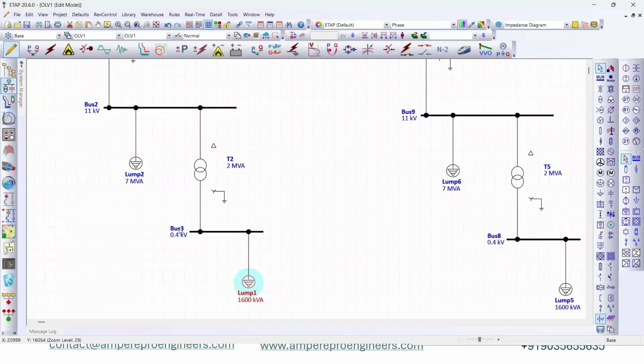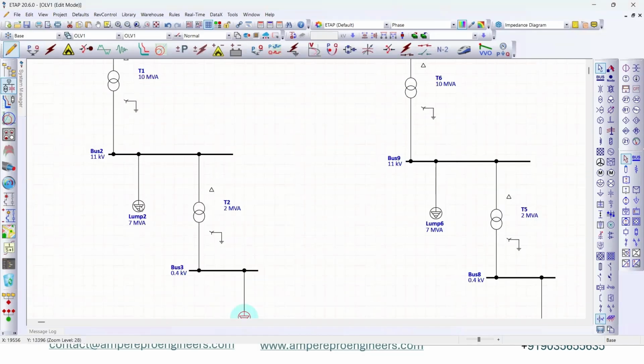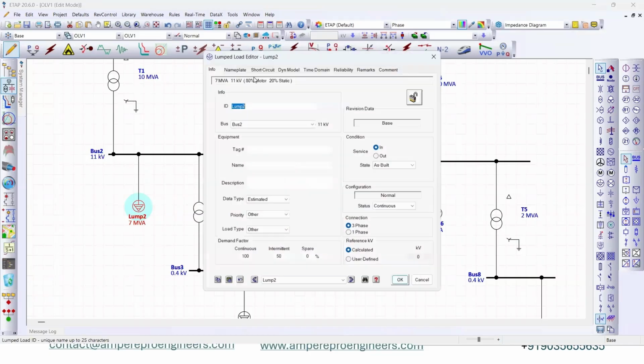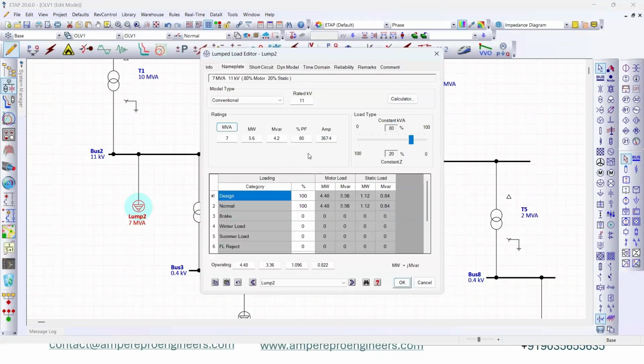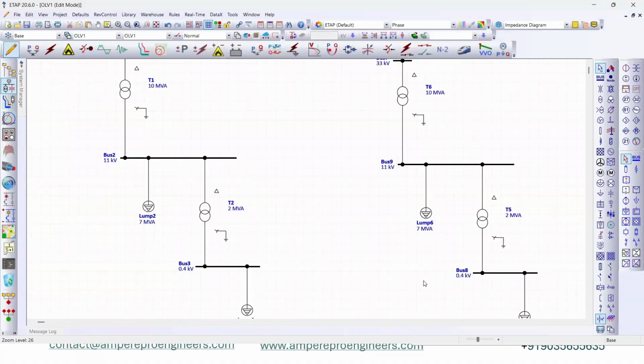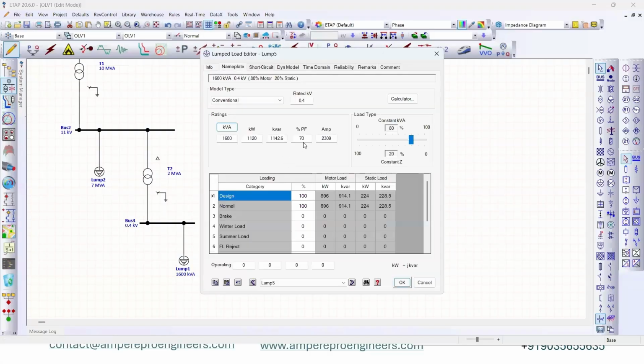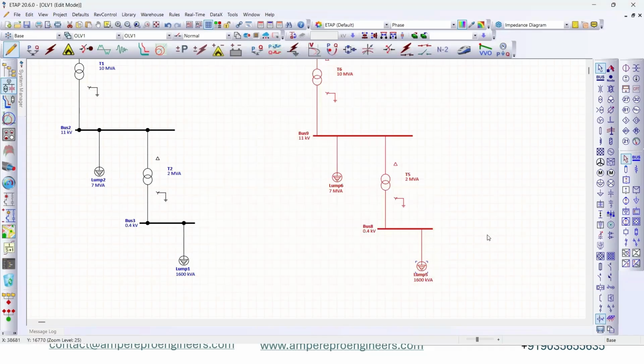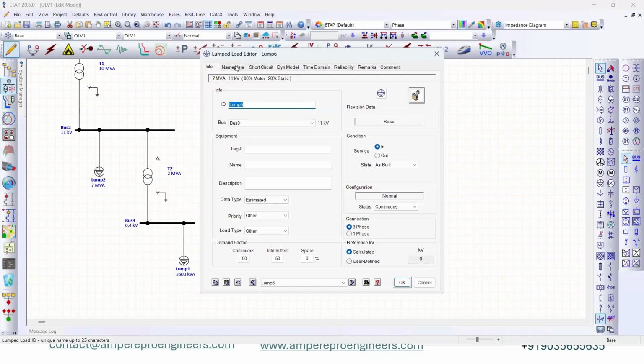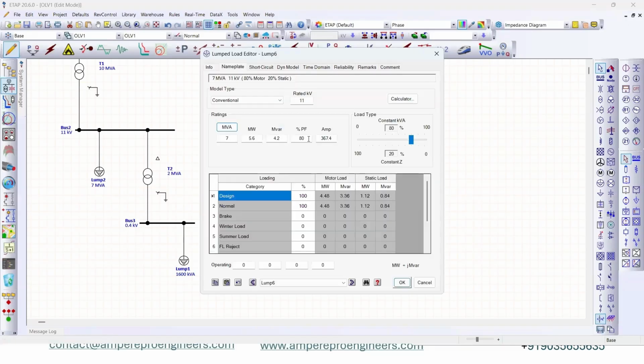Okay. Here 80% we have given. So now in this scenario, I'll put 95% just for the discussion. Here also I will go with 95%. Okay.